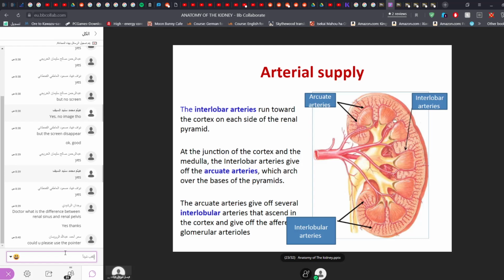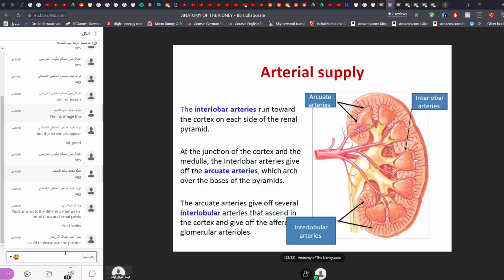Each pyramid, can you see? They are turning to the base. They are turning towards the base of the pyramid, and at the base of the pyramid they change their name and are called arcuate arteries, which arch over the base of the pyramid.